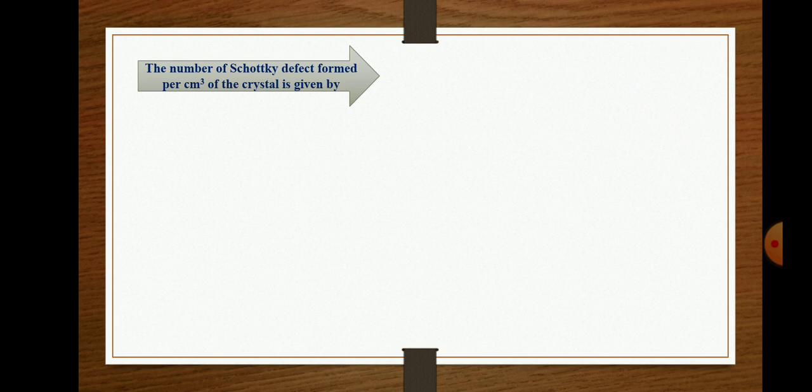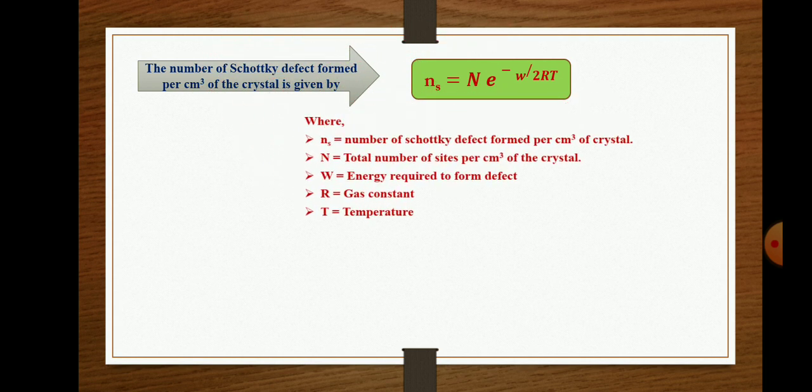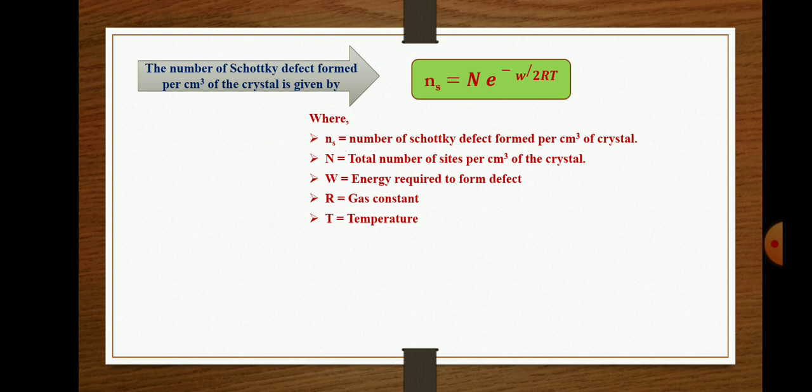Now students, the number of Schottky defects formed per cm cube of the crystal is given by the formula: small ns is equal to capital N exponential of minus W divided by 2RT. So we have to understand where each term is present in this equation.